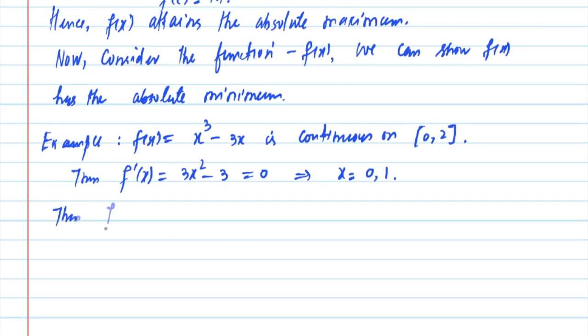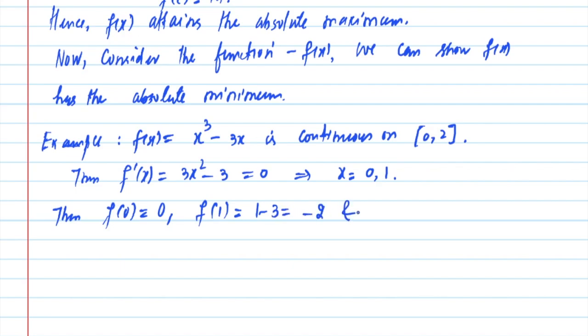So then f of 0 is equal to 0. f of 1 is equal to 1 minus 3, which is equal to minus 2, and f of 2, which is the boundary point of the interval, is equal to 8 minus 6, which is equal to 2.